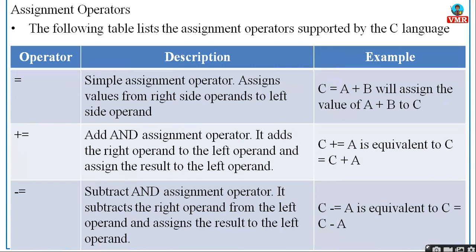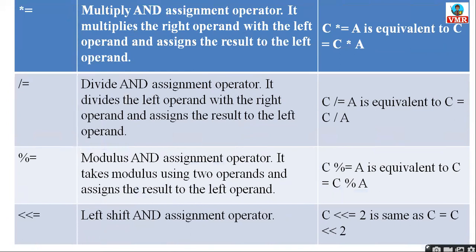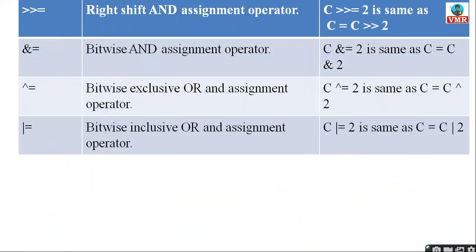Okay, so here you will have equals to, and add and assignment, subtract and, multiply and, divide and, modulus and, left shift and, right shift and, bitwise exclusive OR and bitwise inclusive OR.